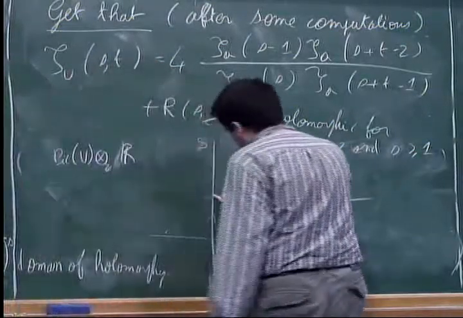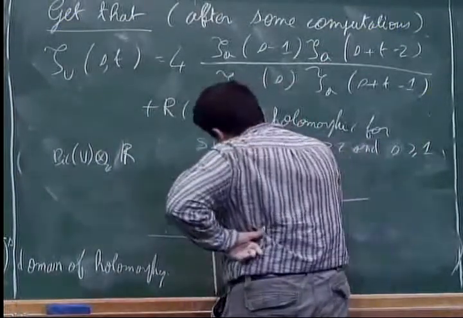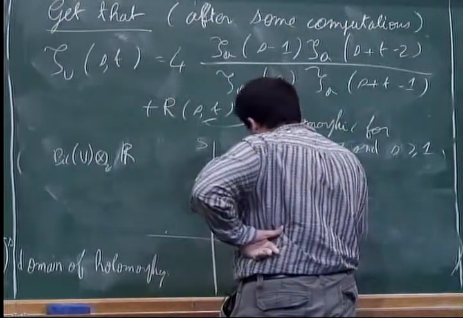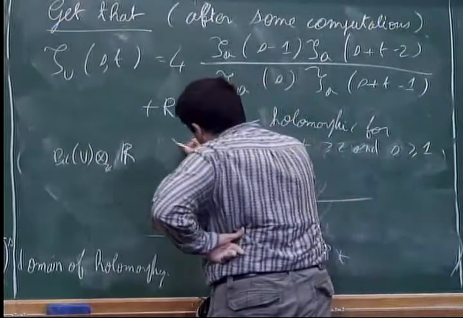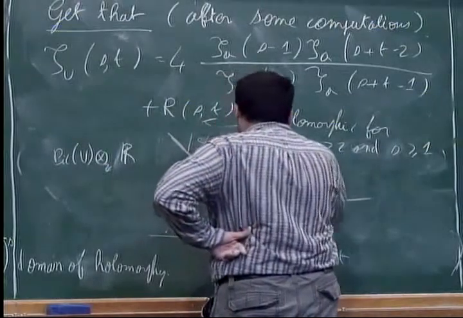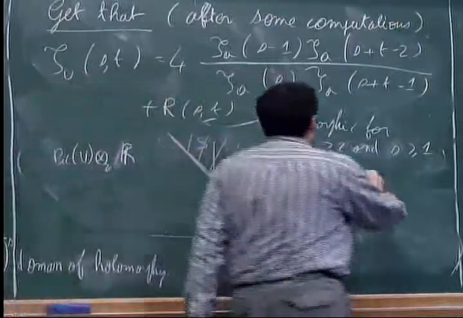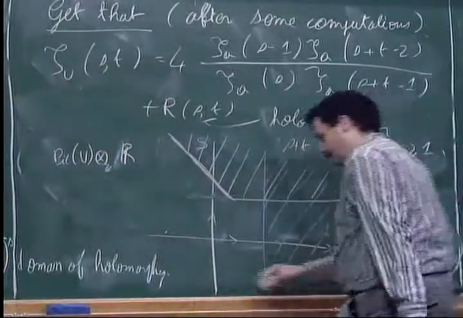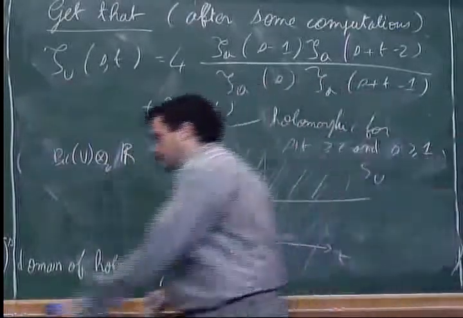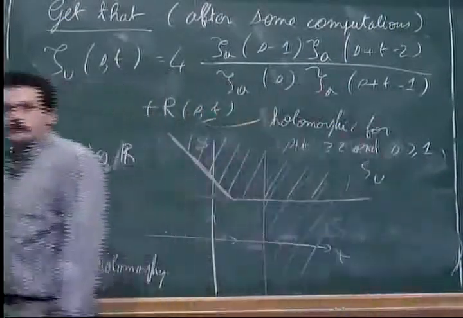So some domain like that. So this is for zeta of U, and this is for zeta on the exceptional line.